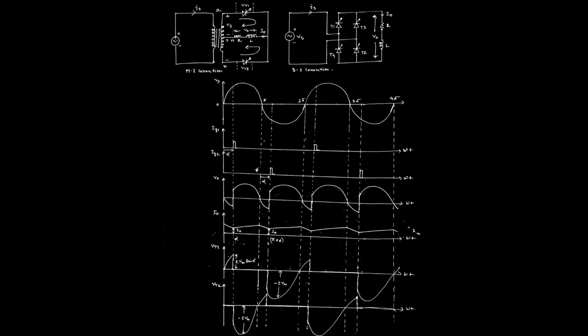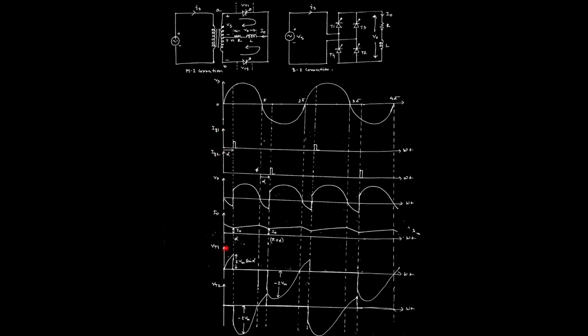The same thing can be done by using the B2 connection also, and the waveforms will be almost the same. One change is needed for the gate pulse. As in the B2 connection there are four thyristors, we should apply the gate pulses IG1, IG2, and in this case IG3, IG4.